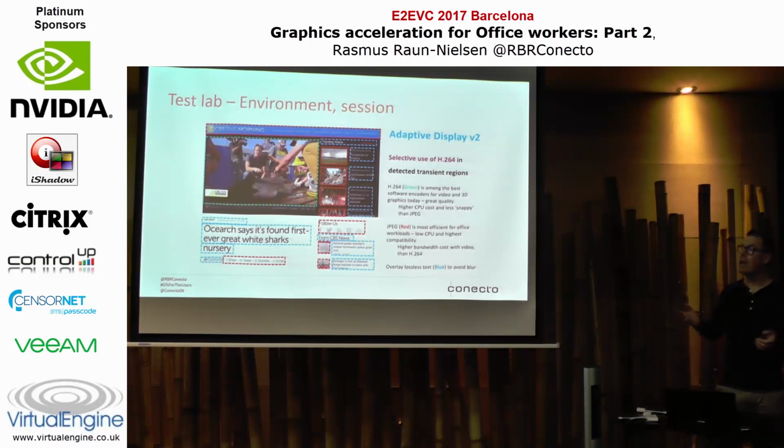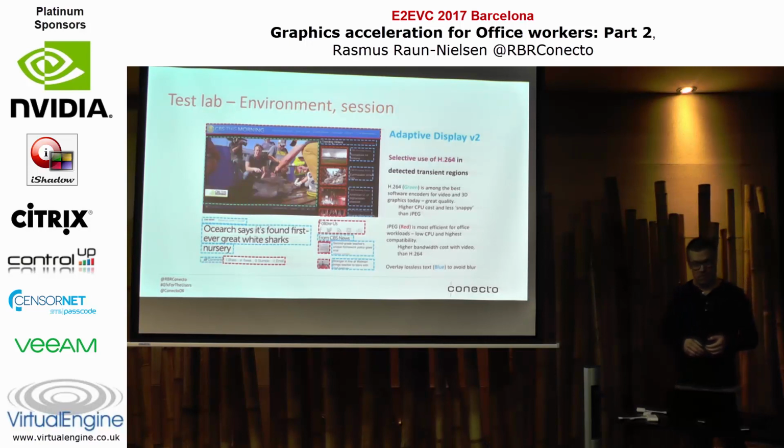But we still have a use case for moving images. So either we could just push a lot of still images through to give the impression of 24, 30 or 60 frames per second, but that takes quite a lot of bandwidth.